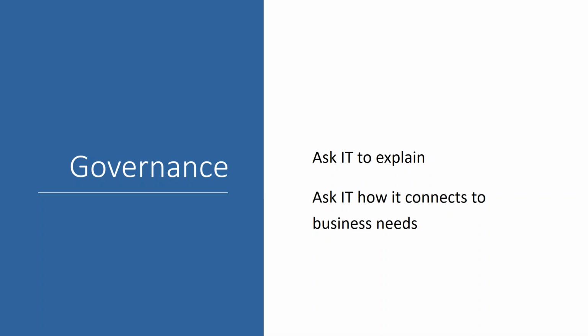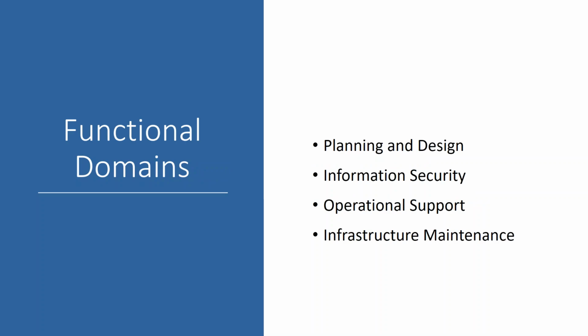Now we really get to the meat of this presentation, and I'd really like to talk about these four functional domains. I like to think of effective IT management as fulfilling four different categories of functions: planning and design, information security, operational support, and infrastructure maintenance.